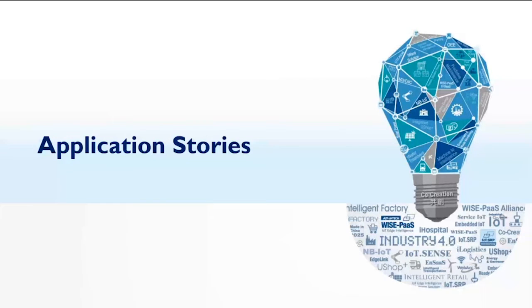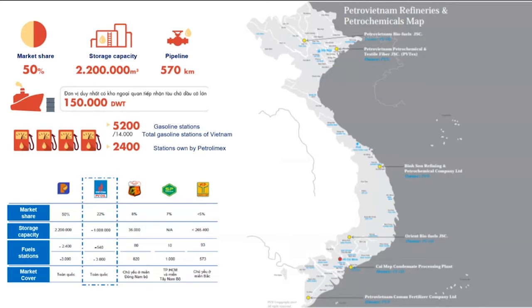Okay, so I would like to move to the application story. Before I go into detail on the application story we have been developing in Vietnam, I would like to give you an overview of the oil and gas industry market in Vietnam.